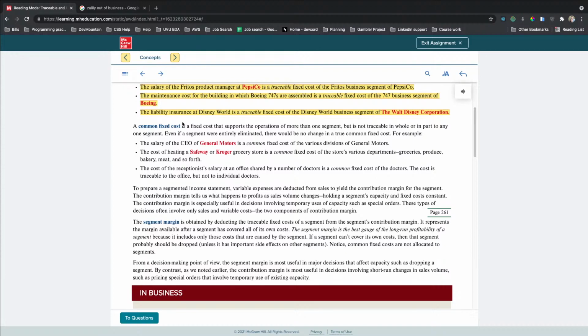The liability insurance at Disney World is a traceable fixed cost of the Disney World business segment of the Walt Disney Corporation.